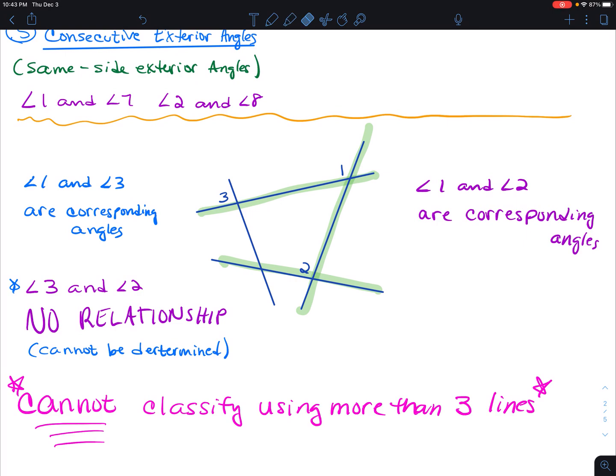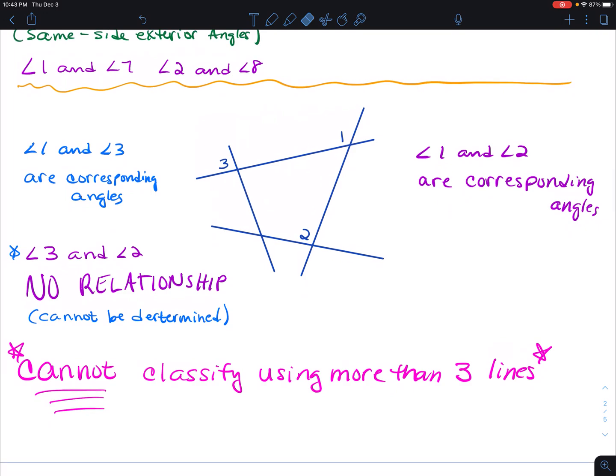That's all I need. Once you get into more than 3 lines, that's too much. You are unable to determine the relationship. Therefore, we cannot classify with more than 3 lines.